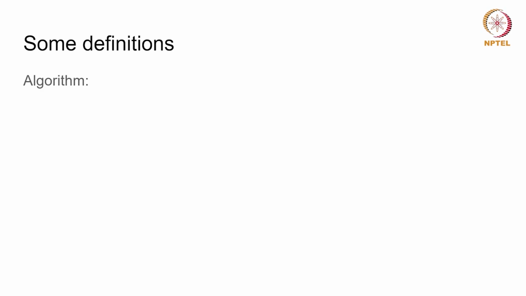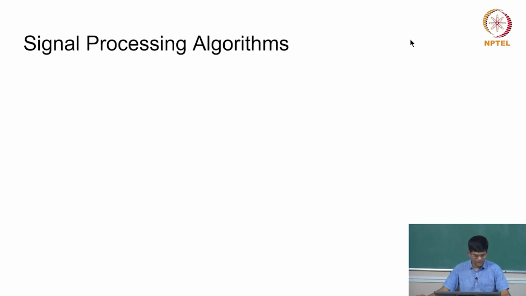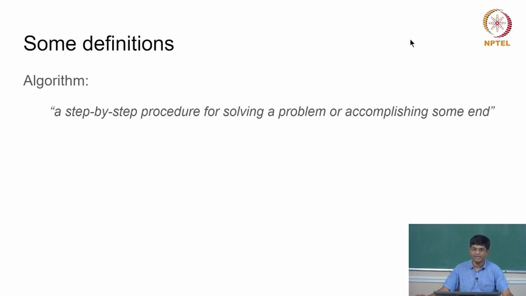The third part of that is an algorithm, and the dictionary definition of this is a step-by-step procedure for solving a problem or accomplishing some end. Now, for the case of the QR code, an example algorithm would be something which goes through some kind of correlation, matching all the values of the pixels that have been obtained and finding out where those square patterns are located in an image.